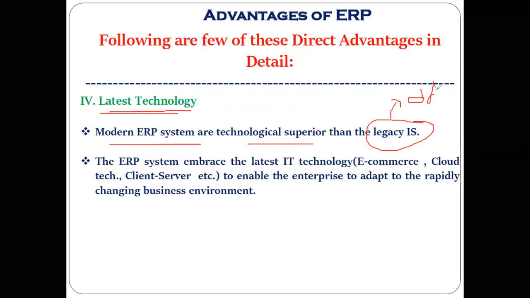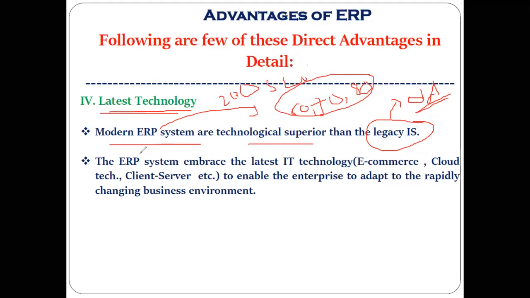Old information systems in the sense the information systems which were present in the period of the 60s, 70s or 80s. Okay, compared with these, the modern ERP systems, you can see the 2005 period information systems or the 2010 period information systems. These 2005-10 period enterprise information systems have better technology available as compared with the older information systems.